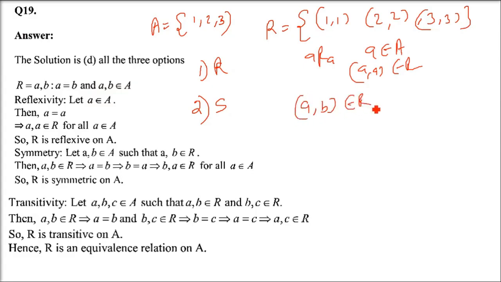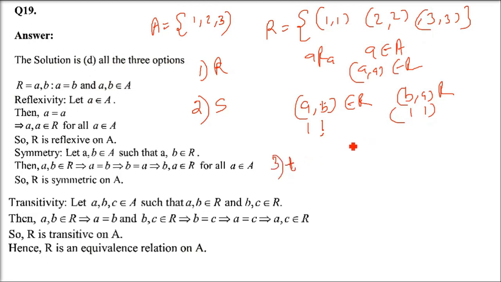So if AB belongs to that relation, BA should also belong to that relation. Since 1, 1 is already there, just change the position: B is 1, A is also 1, so the same 1, 1 is coming. The same logic applies to 2, 2 and 3, 3 also.